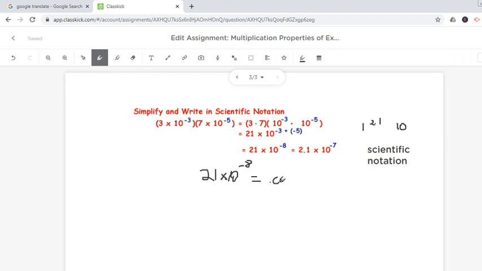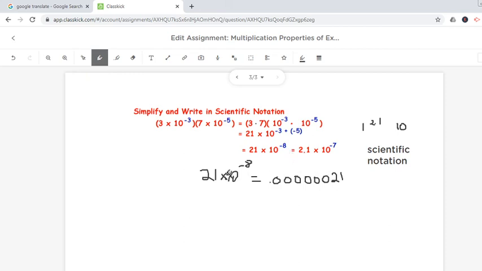So 1, 2, 3, 6. And then we have 2, 1. So then we can check. So 1, 2, 3, 4, 5, 6, 7, 8. Yep, that's what it was.